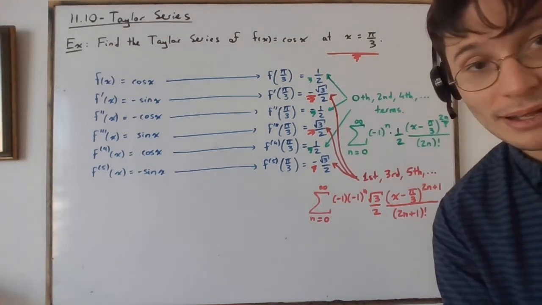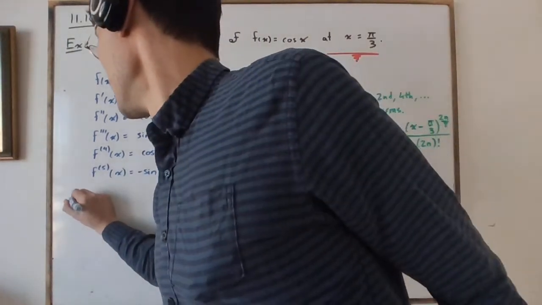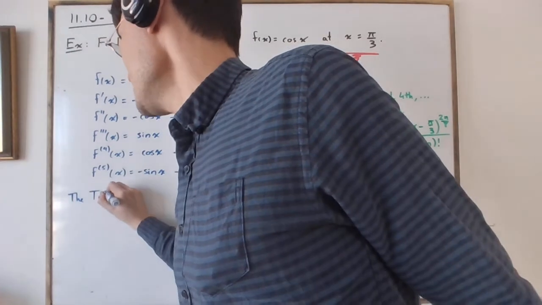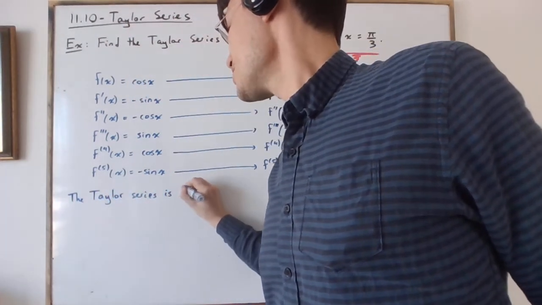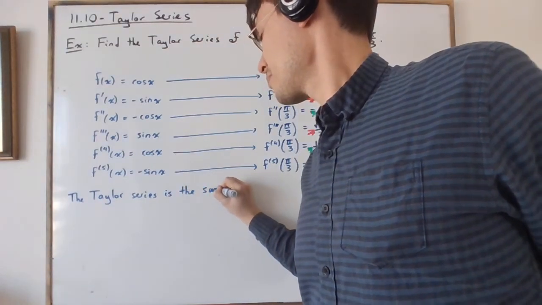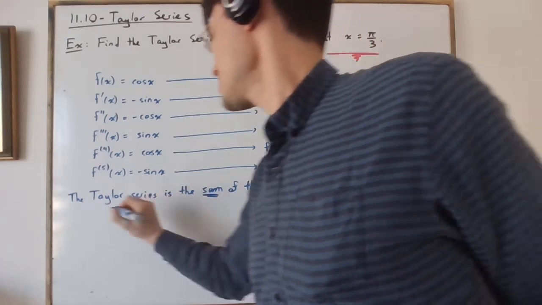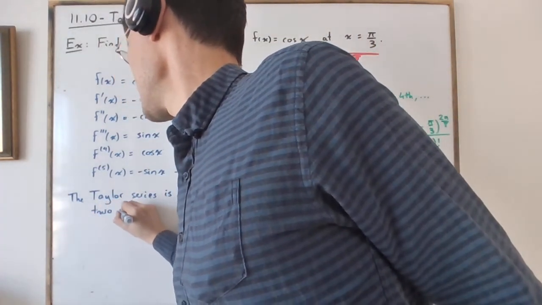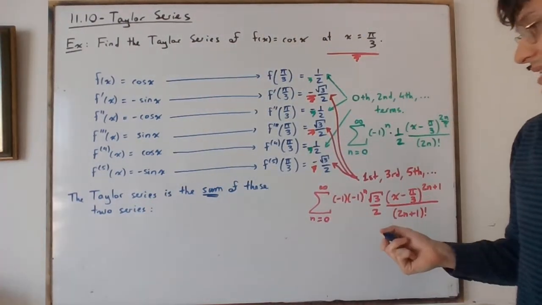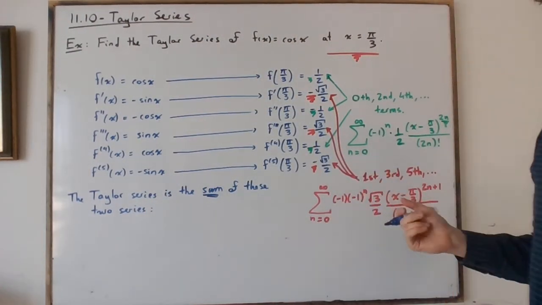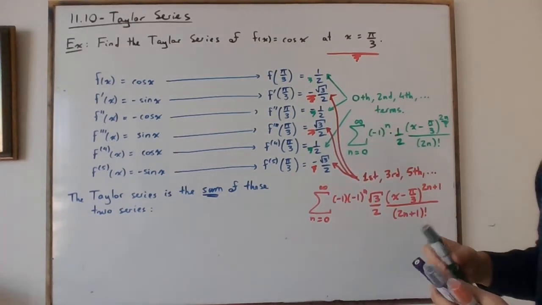Okay, well, the total Taylor series is the sum of these two series, okay? This means that we have to write down the green series plus the red series.